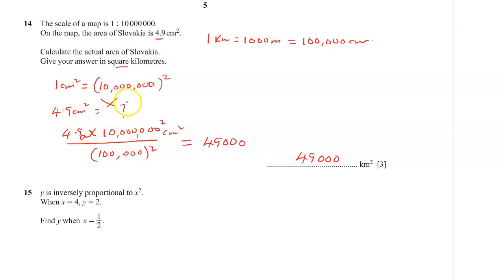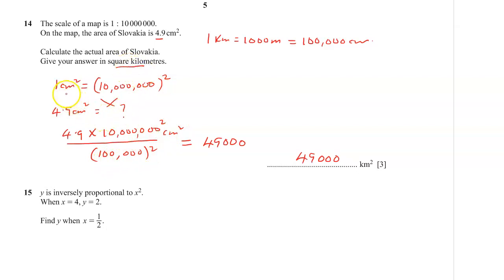So you cross multiply, and this becomes 4.9 times 10 million squared.